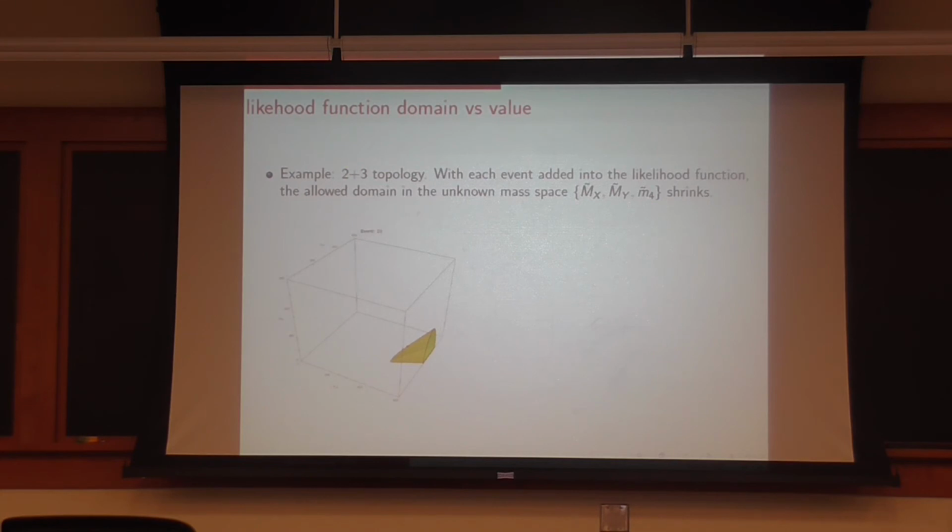If you make a plot of the remaining part of the allowed space after you use 1 event, 2 events, and so on, as you can see, the allowed region shrinks very fast. And this red point is the correct actual mass. After just a couple of events, you converge very fast to that point.